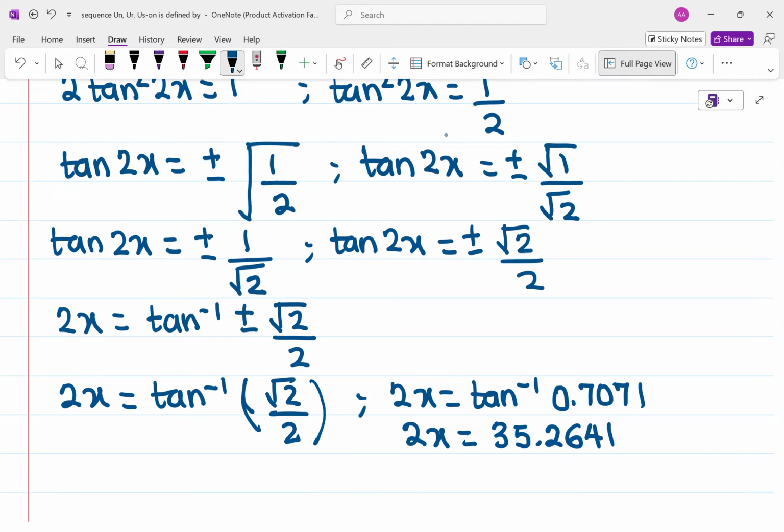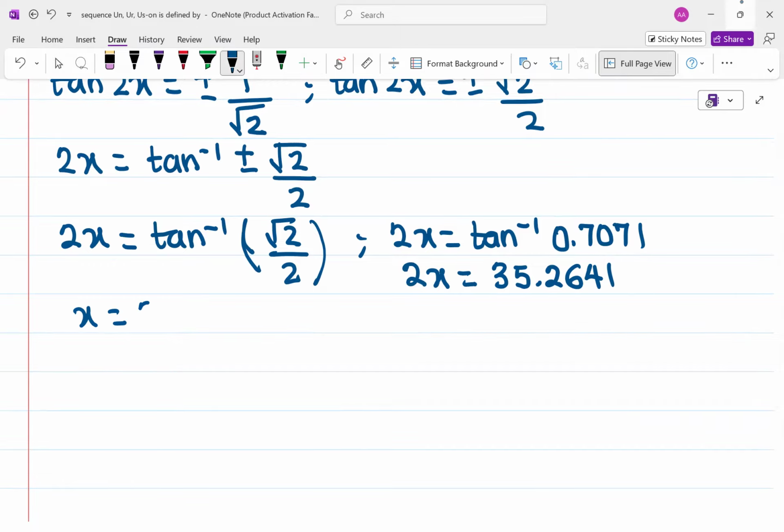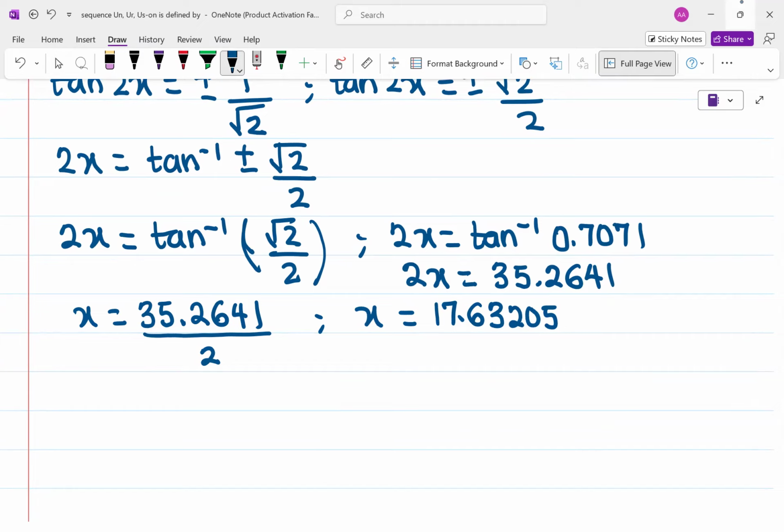So from here now, what do I have here? I have my x. My x is equals to 35.2641 divided by 2. So I have my x is equals to 17.63205. So my x, they said we should put it in one decimal place. That's 17.6 degrees.